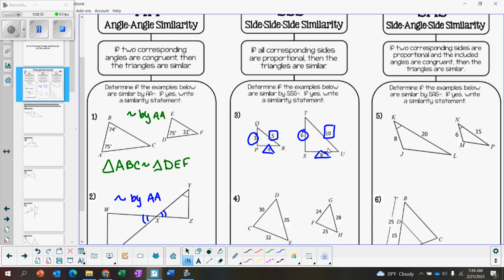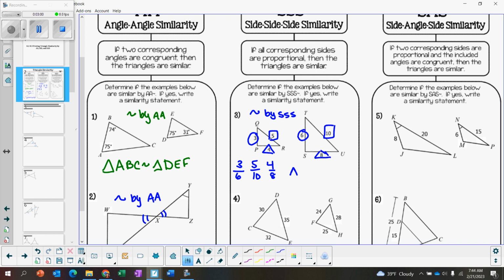Now when I make my fractions, 3 over 6, 5 over 10, and 4 over 8, I'm going to see if all three of these are the same thing. 3 over 6 is 1 half, 5 over 10 is 1 half, 4 over 8 is 1 half. So all of the ratios are equal, meaning the sides are proportional. So this is similar by SSS.